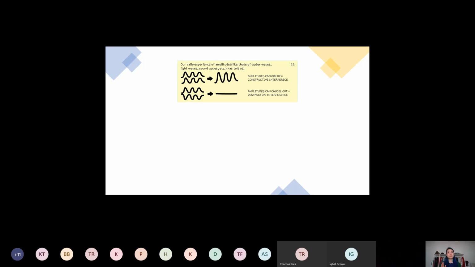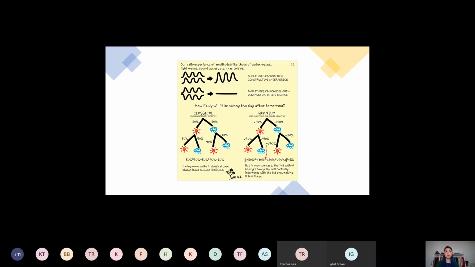But if they have opposite phase, they can subtract and cancel each other. This is called destructive interference. Then why is that helpful? How are we using that in quantum computing or quantum mechanics?